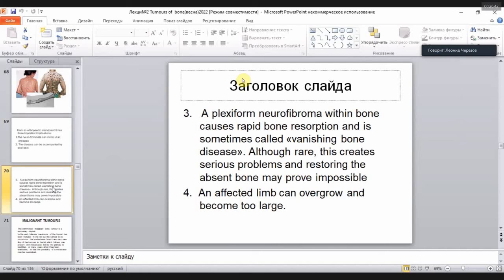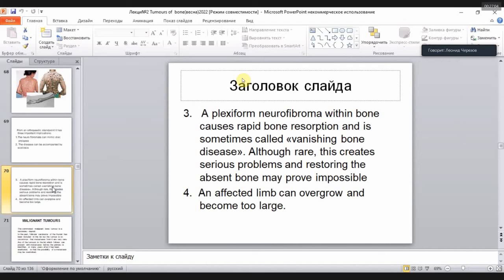A plexiform neurofibromatosis within bone can cause repeated bone resorption and is sometimes called Venetian bone disease.